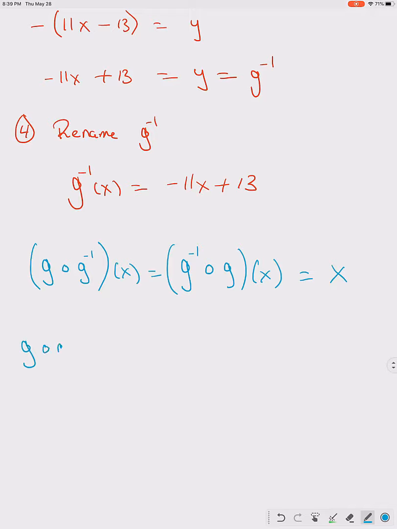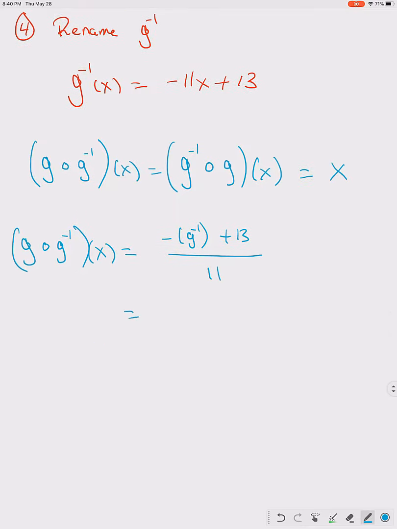g composed with g inverse of x equals, well, g is negative x plus 13, all divided by 11, but in place of x I put g inverse. And what's g inverse?